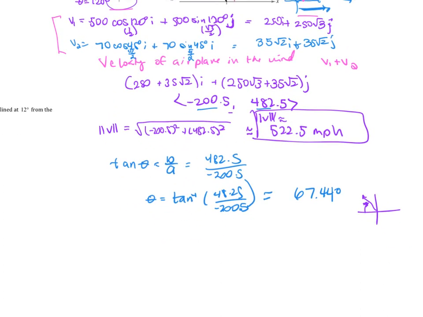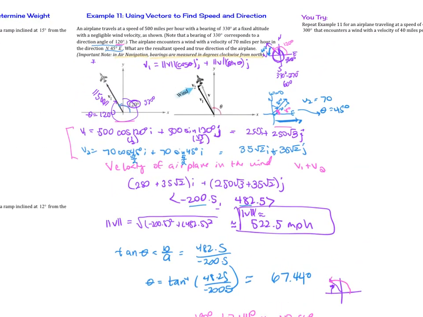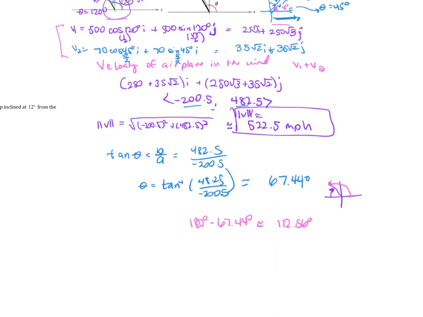So in order to find the true direction, how would we find that? Well, we would take 180 degrees minus 67.44 degrees, and then you get a directional angle of 112.56 degrees. Now, if we want to find the true direction of the airplane, remember we're looking at air navigation.